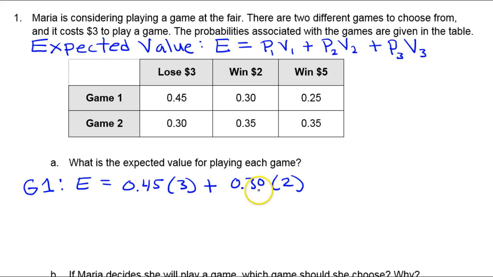Okay, so 30% probability of winning $2, and we have a 25% probability of winning $5. So this calculation should give me the expected value for the first game.